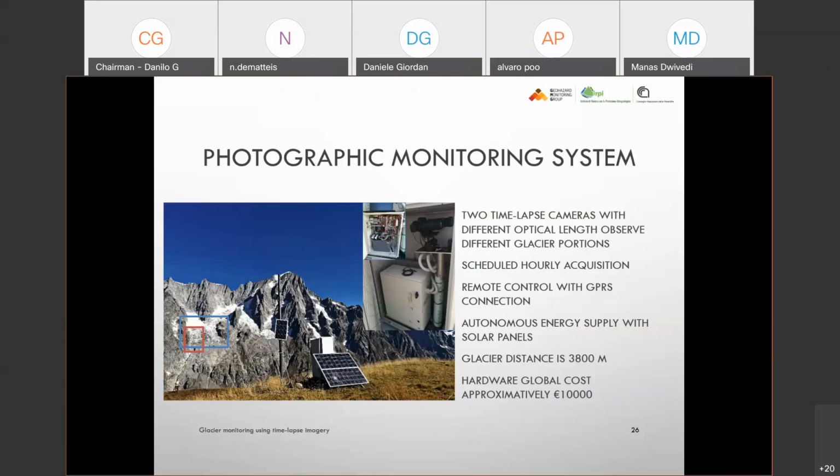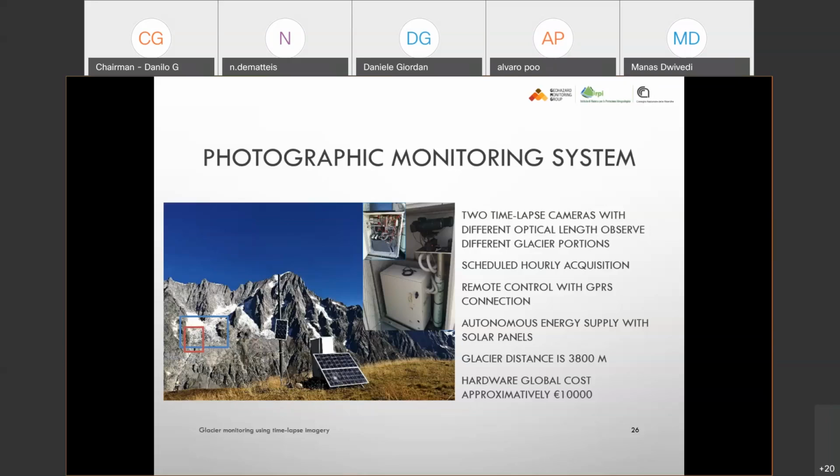It acquires 1 image per hour for each of the 2 cameras. A monitoring station like this one has a global cost of approximately 10,000 euro.